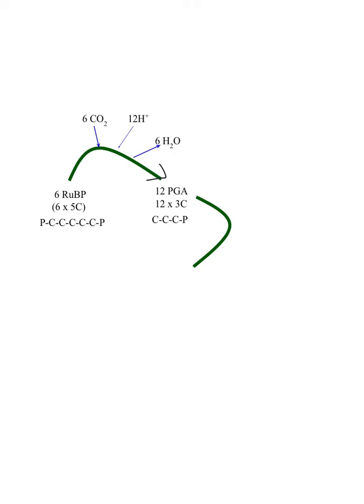We're down here with our phosphoglycerates, our 12 phosphoglycerates. And each of those is a 3-carbon compound. And you might be thinking, well, hey, 3-carbon compounds, that's almost like half a glucose. And you're on the right track, but these PGAs, although they have enough carbon and enough oxygen, they don't have enough hydrogen to make a glucose.